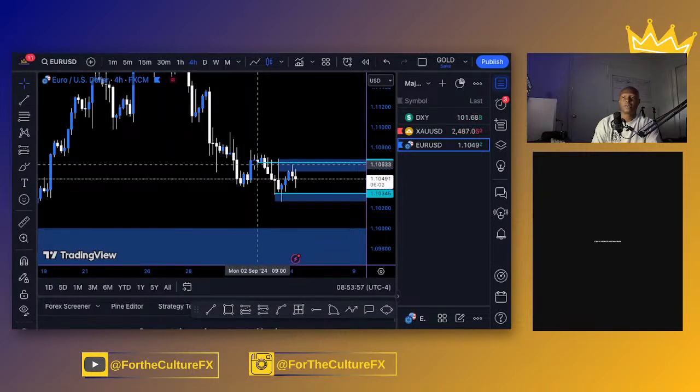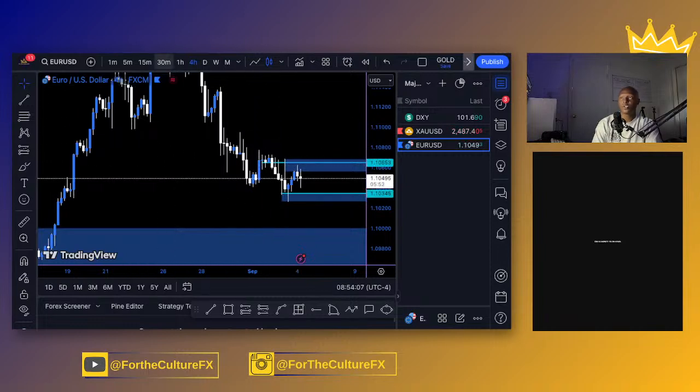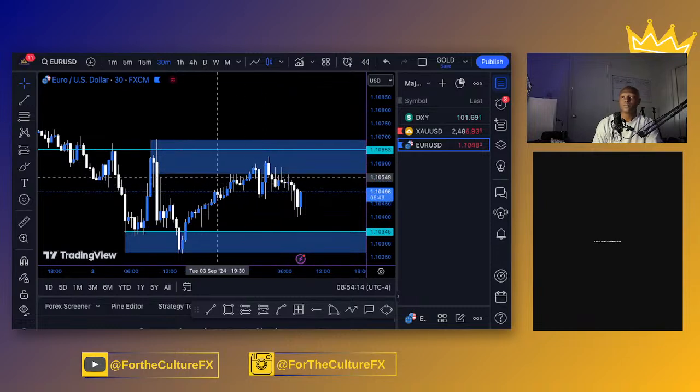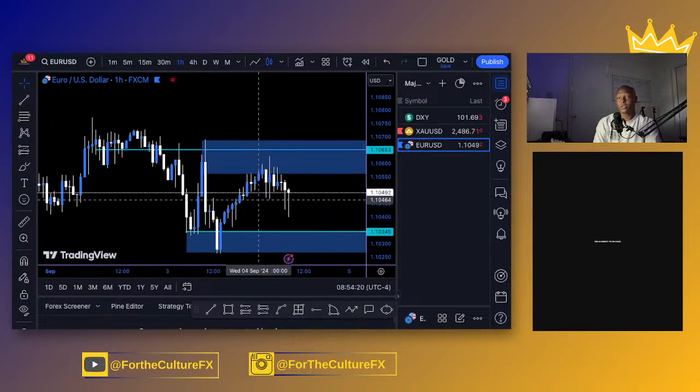Price tapped into a key level of resistance there. We want to see a corrective structure back up and then a continuation down, ultimately coming down to break these lows within this bearish structure. That's if this current 4 hour candle is going to close bearish, which it looks like that's what it's going to be.